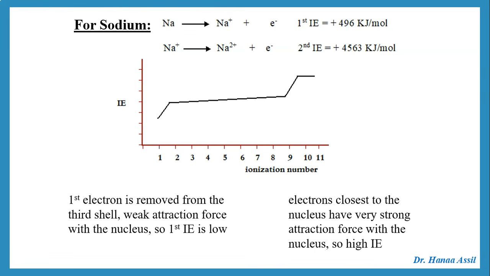And then after that, I'm going to remove all the electrons in the second energy level. So my third, fourth, fifth, sixth, until the 9th ionization energy, I remove all the electrons in the second energy level. Now I need to go into the first energy level, which is closer to the nucleus, with a stronger attraction force. So there is another huge jump from the 9th to the 10th, because I'm going into the 1s, or the innermost shell, which is closer to the nucleus.